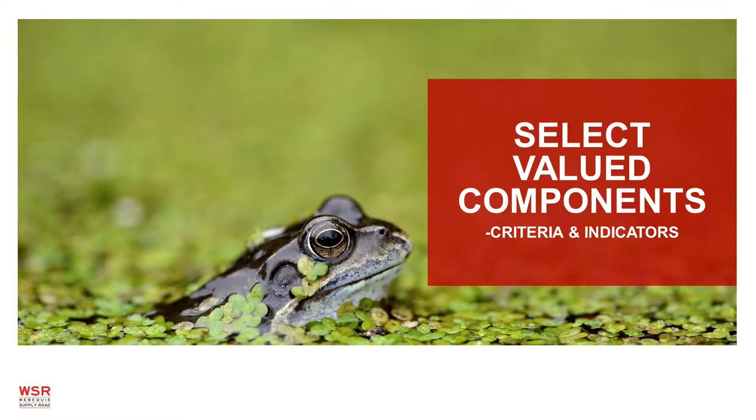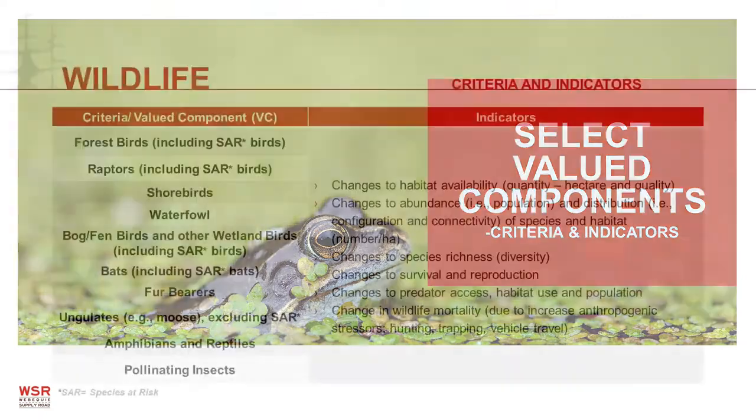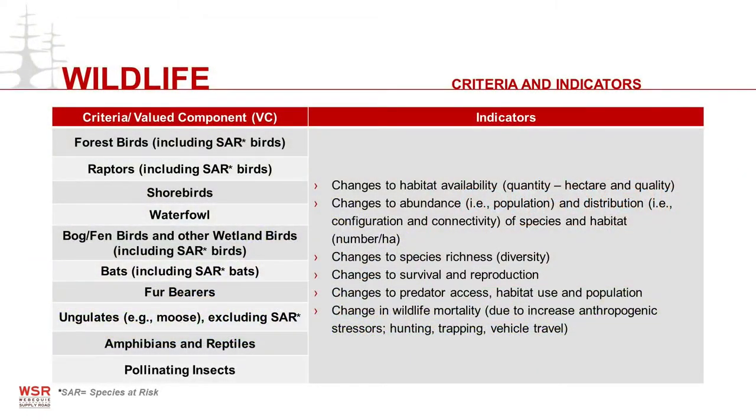So why don't we now move into talking a little bit more specifically about select valued components, just to give you a better idea to illustrate exactly what valued components are, and then some example indicators for specific valued components. So we'll look at wildlife, for example, here. On the left-hand side, in the left-hand column, I have criteria or valued component.